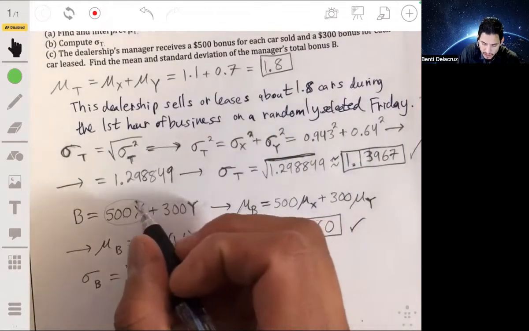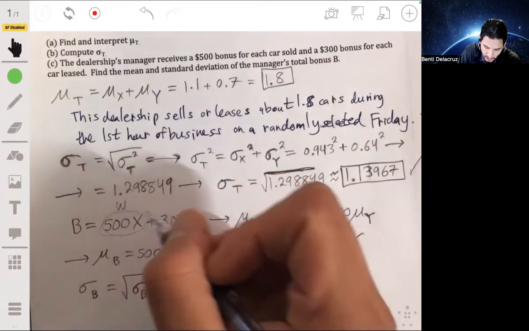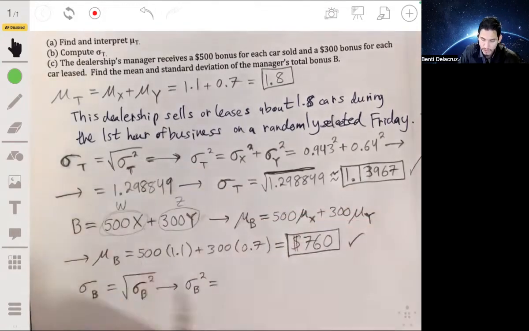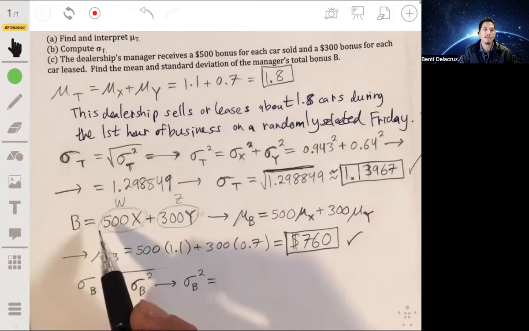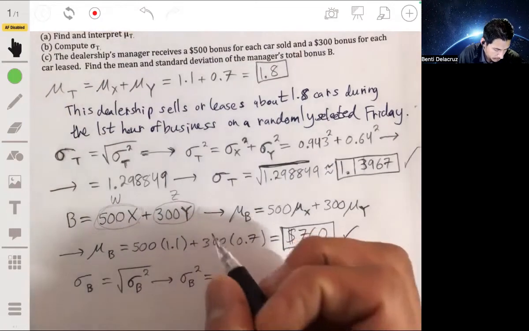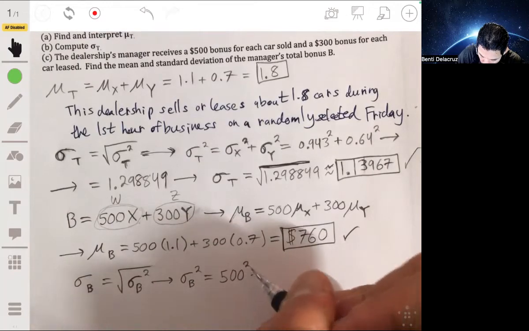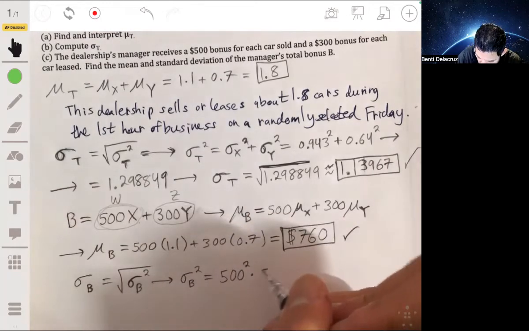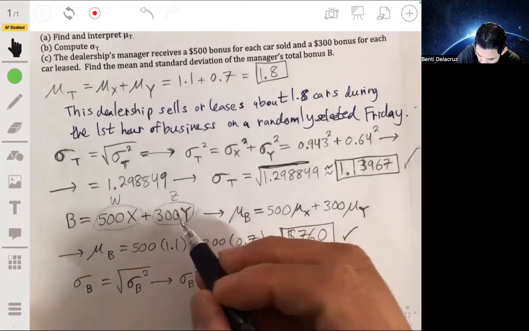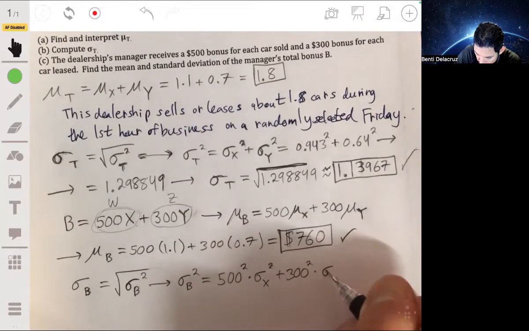If you want to imagine this, if that whole thing was another variable, let's say W, and this whole thing was another variable Z, you would square that whole W. So you have to square the 500 and the X. So this becomes 500 squared times the standard deviation of X squared plus 300 squared times the standard deviation of Y squared.